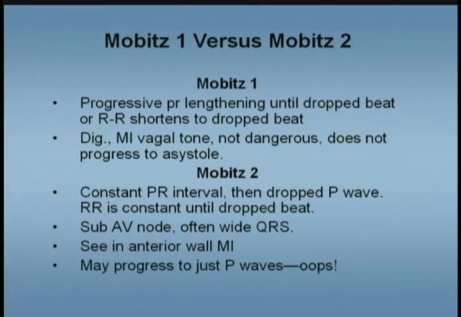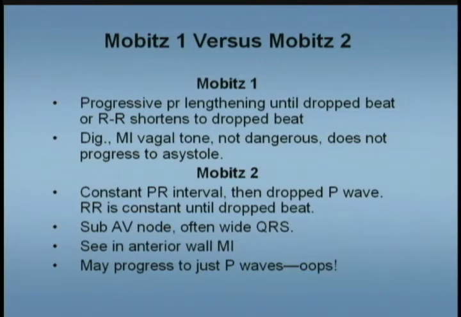All right. So you treat the underlying cause. Is it too much vagus stimulation? Is it too much digoxin? This rarely goes to asystole. It's a pretty stable rhythm. The moment it's type 2, second degree block, you recognize that because the PR interval is constant.